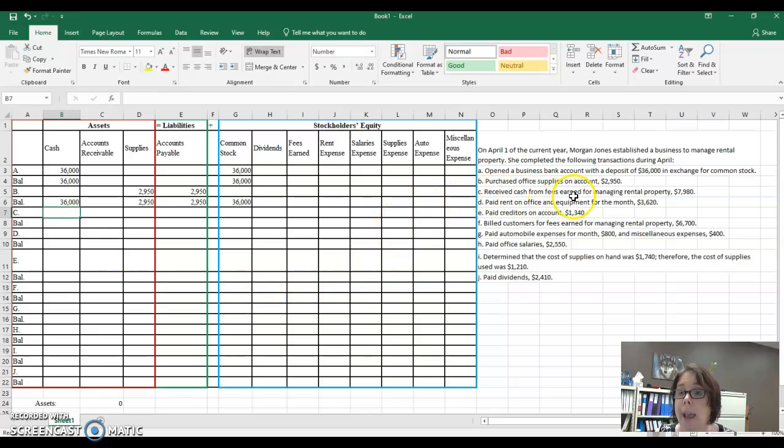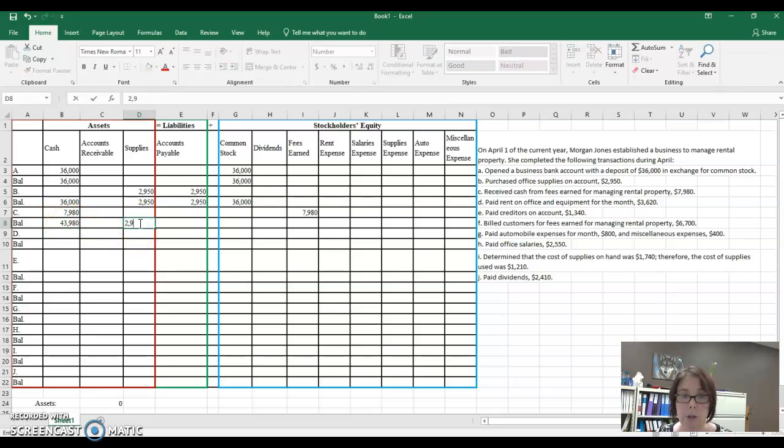C, we received cash from fees earned for managing rental property. We received cash of $7,980, and fees earned of $7,980. Our balance, we're going to add the $7,980.